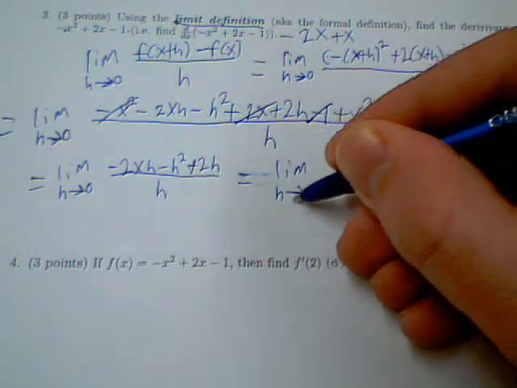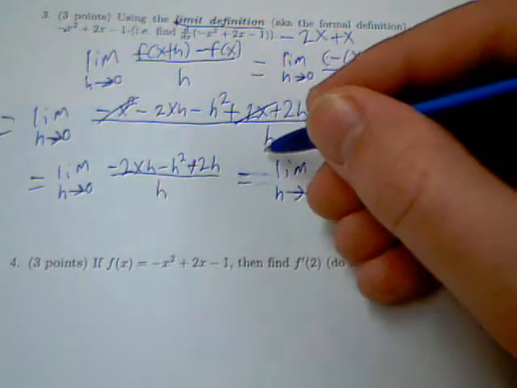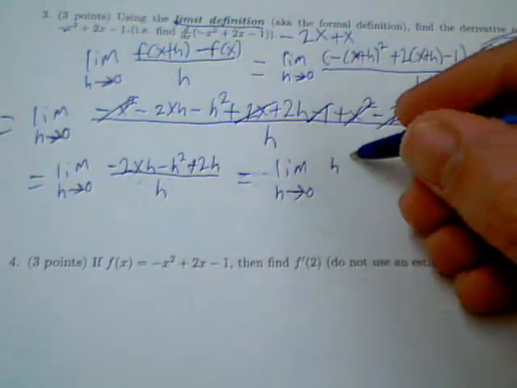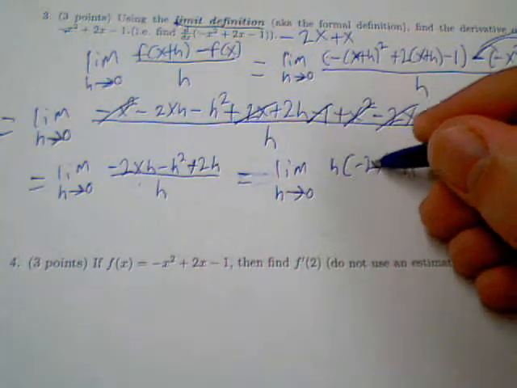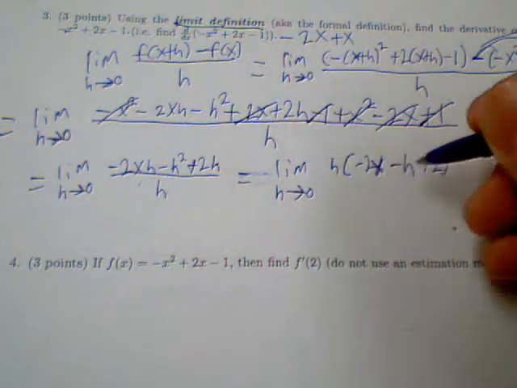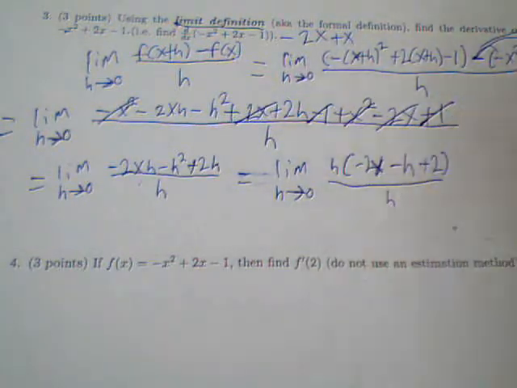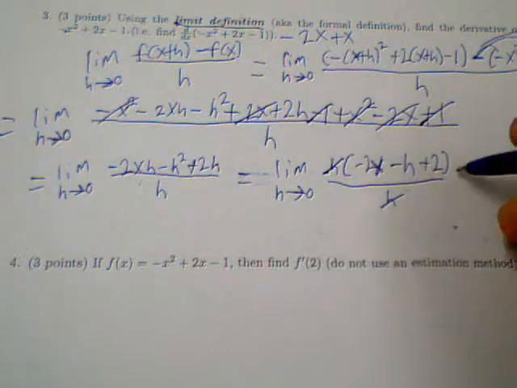But first I'm going to pull it out. So I factor out an h from each of these three terms. I get negative 2x minus h plus 2 all over h. Those cancel.